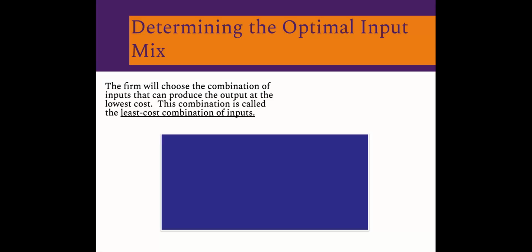The most important combination to take a look at when you are combining two factors. How do you know if you have the optimal input mix? That is when you use the least cost combination of inputs. So this should not be confused with profit maximizing.